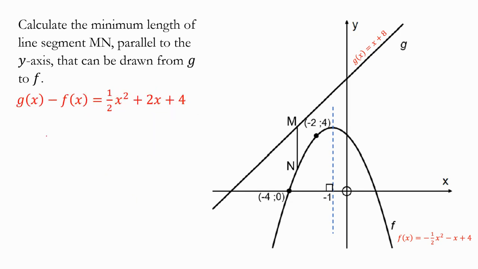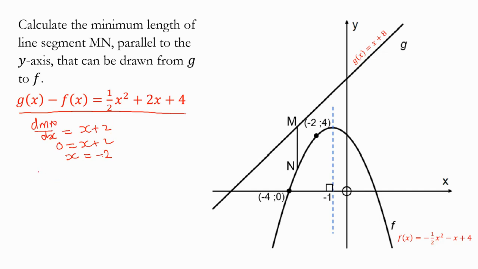Remember, our x is equal to -2. We said our derivative dMN by dx is equal to x plus 2, and then 0 is equal to x plus 2, then x equals -2. Right, so this is our MN. We have to substitute where there's x, we put -2 there.